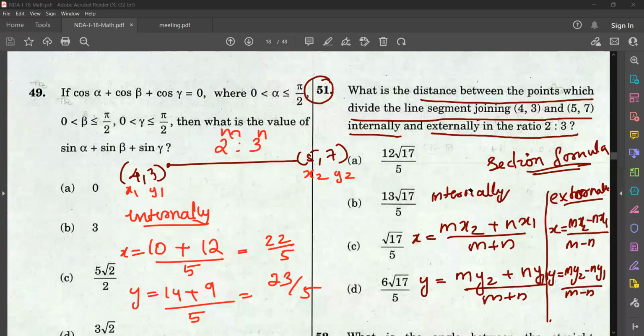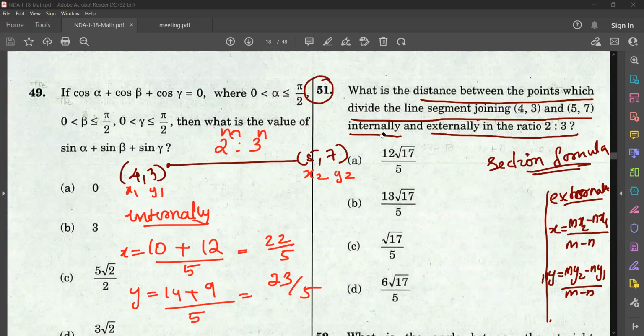Now use the formula for externally. So x = (2 into 5 minus 3 into 4) divided by (2 minus 3). That is minus 1. So that is 10 minus 12, that is minus 2, by 2 minus 3, that is minus 1. So the answer is 2.